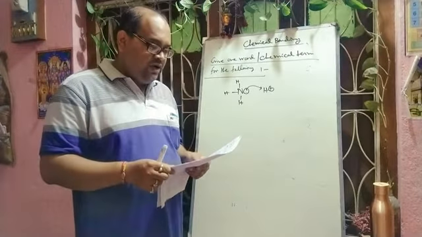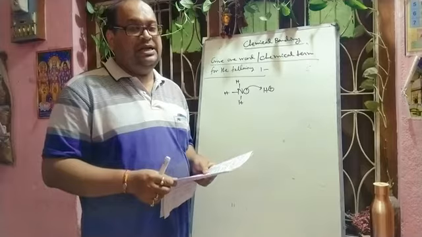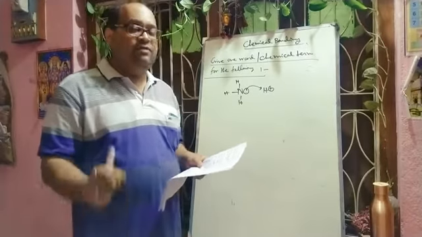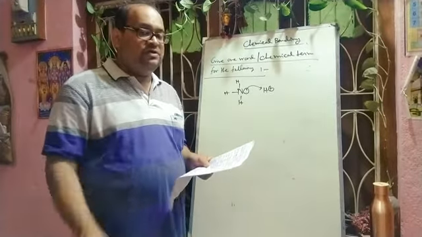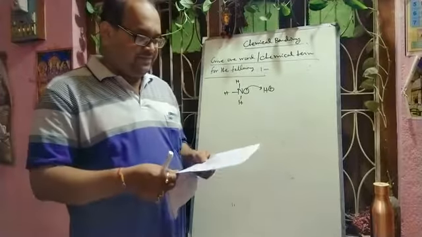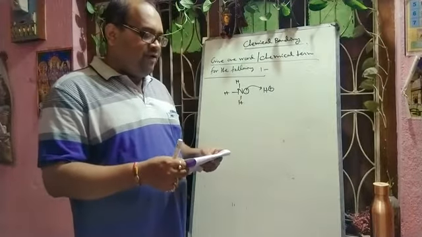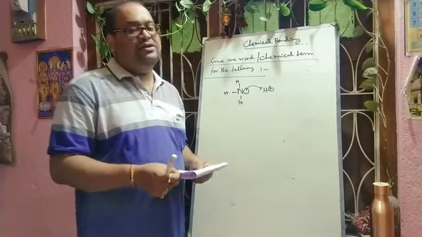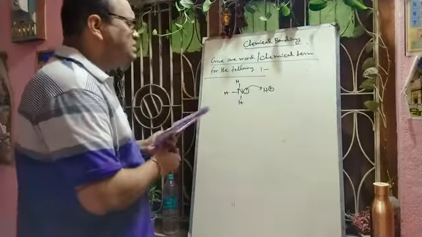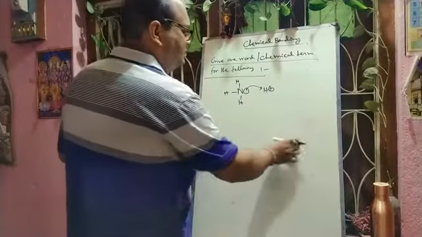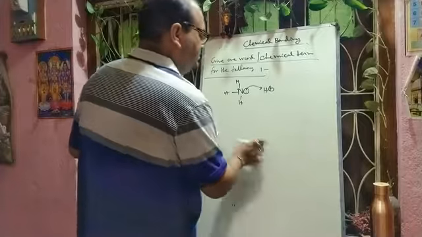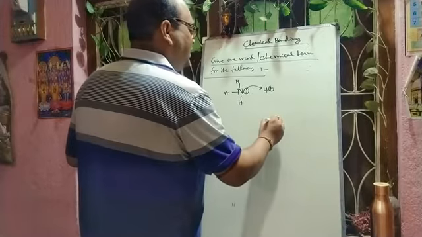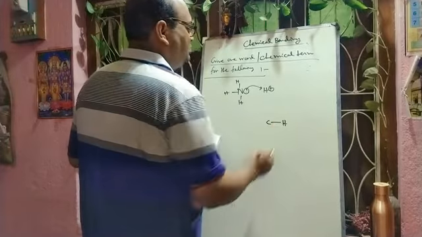The force holding the particles in an ionic crystal. Definitely in an ionic crystal, the force will be a strong electrostatic force of attraction. Next question: a bond formed between two atoms having a small difference of electronegativity. Suppose we consider a C-H bond.